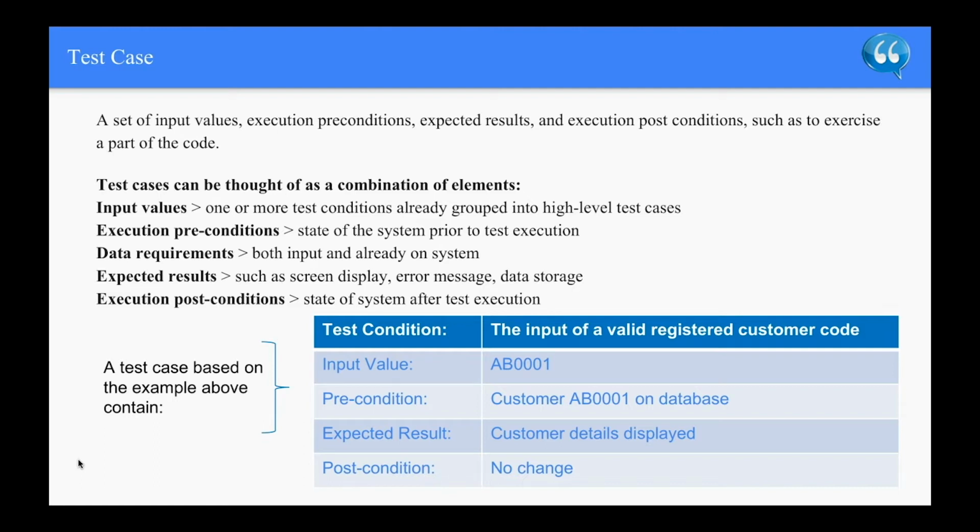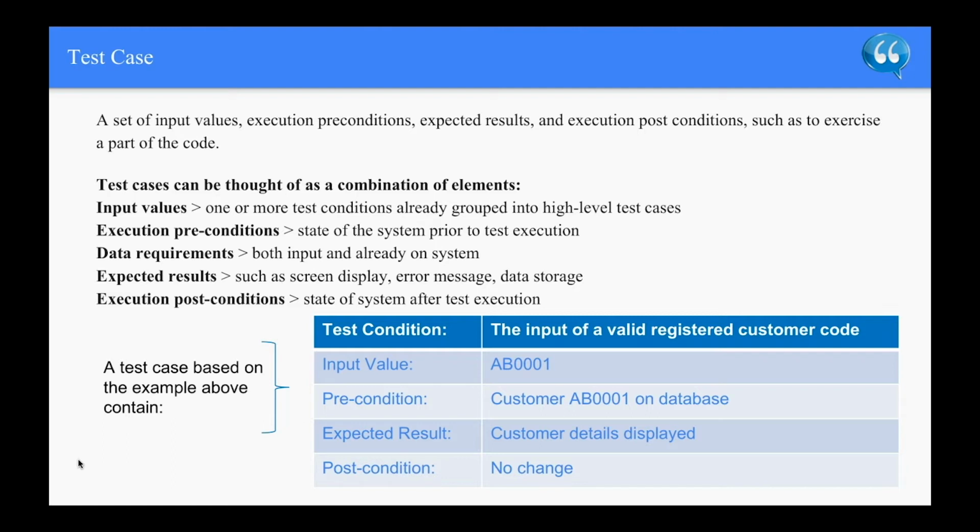Test cases can be thought of as a combination of elements: input values, one or more test conditions already grouped into high-level test cases; execution preconditions, a state of the system prior to the test execution; data requirements, both input and already on the system; expected results, such as a screen display, error display, data storage; and execution post-conditions, a state of the system after the test execution.